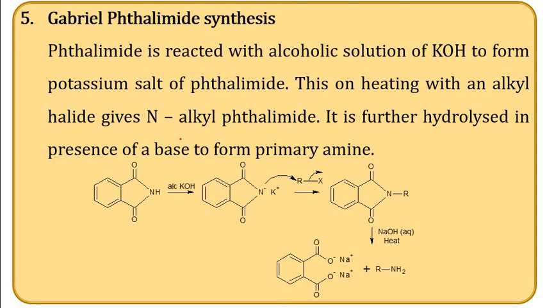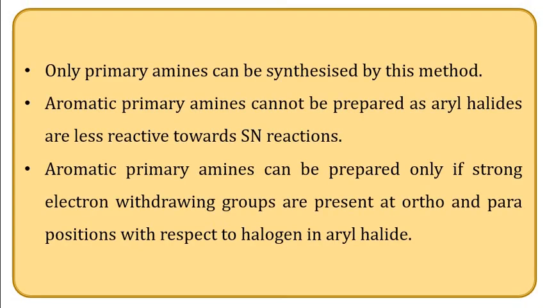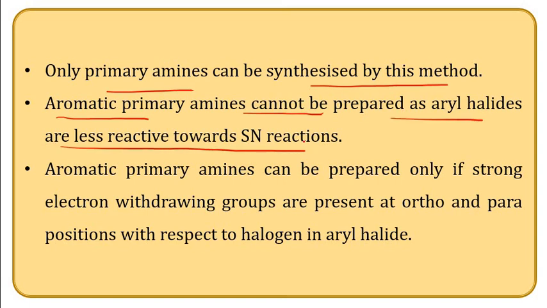The next point is about the importance of the primary amines obtained in this method. This method is only useful to prepare primary amines, that too alkyl primary amines, aliphatic, not aromatic. Aromatic primary amines cannot be prepared using this reaction, as aryl halides are less reactive towards nucleophilic substitution.